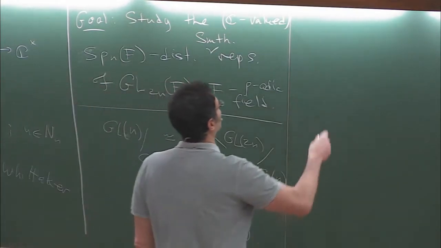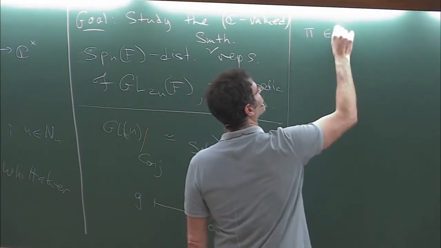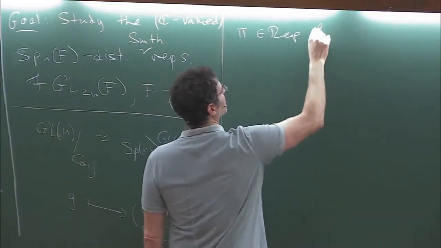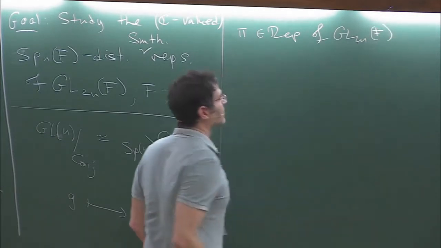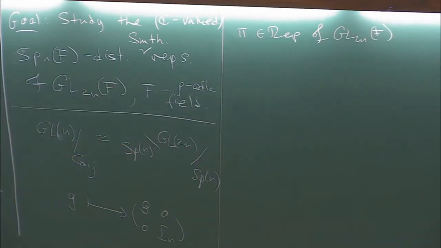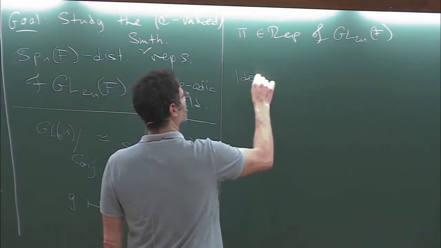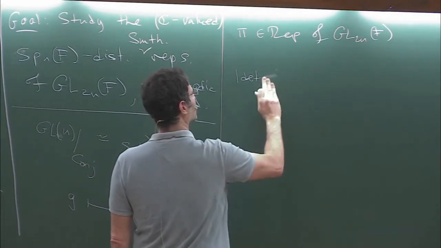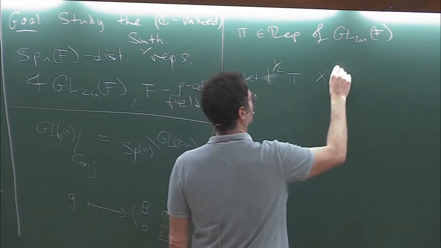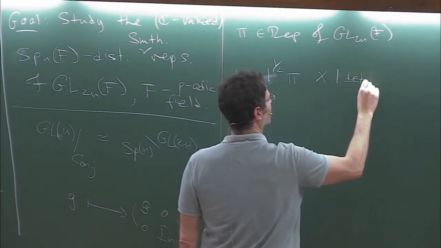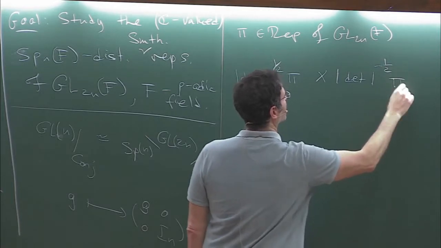And what is known, if pi is any representation of a local field, then the parabolically induced representation, so I'm using the Bernstein-Zelevinsky product notation for parabolic induction.